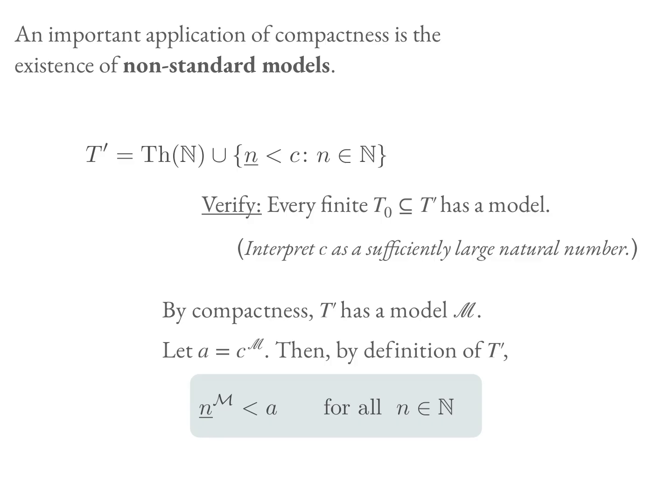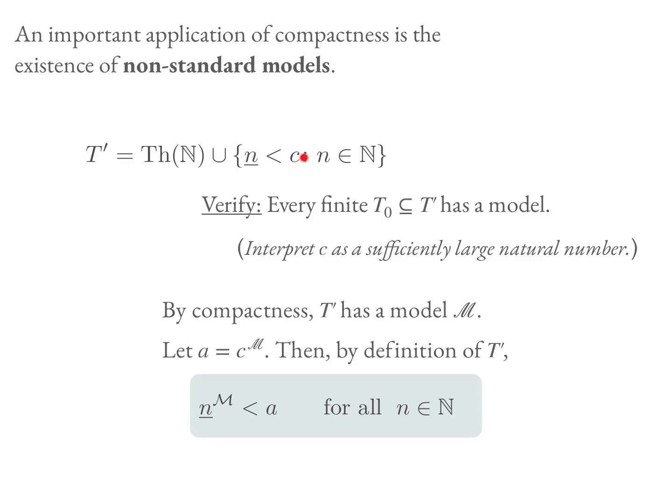So what you should do now is verify the following. If you take a finite subset of this new theory T prime, argue that this finite subtheory T0 has a model. The key here is that the finite subset will only have finitely many formulas of this form in it, and some formulas from the theory of N, but for those we already have a model.